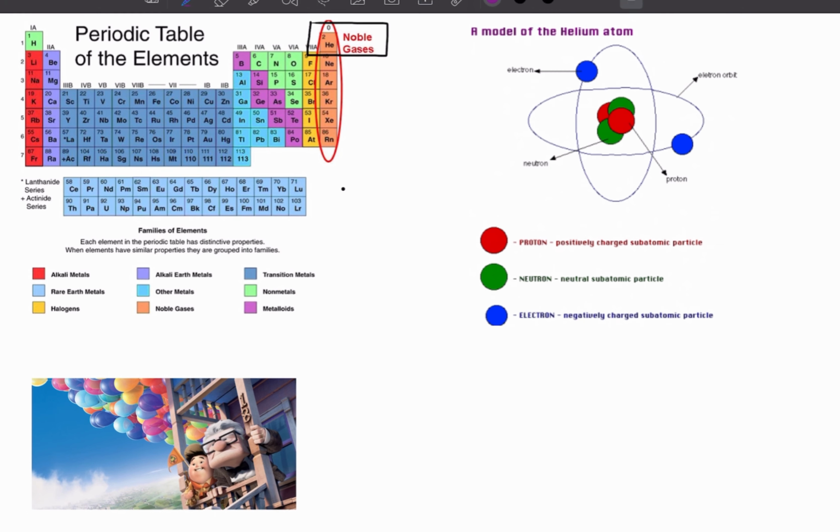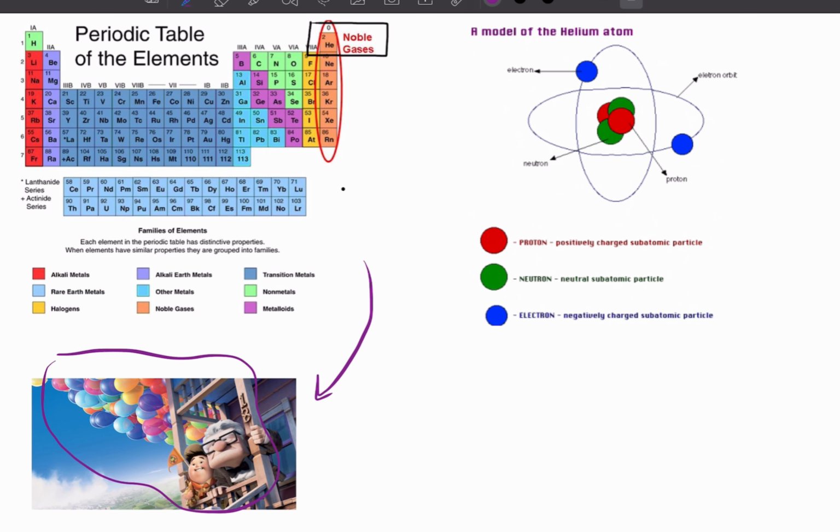So here I have the periodic table back up again, and the example we're going to use is helium. As seen down here, we have the movie Up, a lot of people's favorites, and we have all these balloons that are here, right? And those balloons have helium in them. Helium is a gas. They use it in balloons, birthday parties, special celebrations.